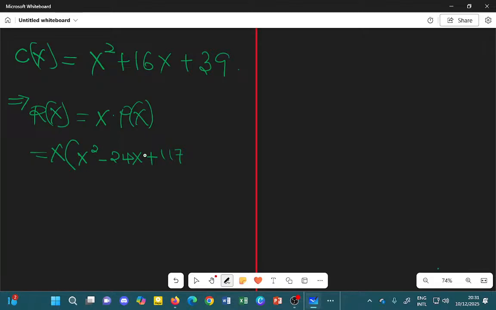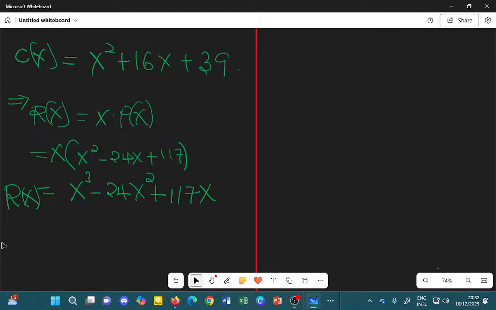So I need to multiply this, and in doing so, this by this gives me x cubed, minus this times this, minus 24x squared, plus 117x. That's what I get to be the revenue function. So this is now the revenue function.